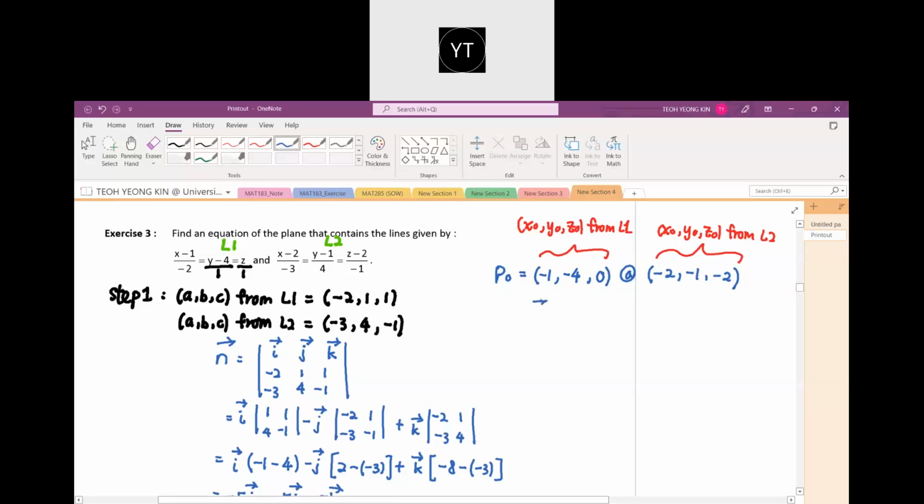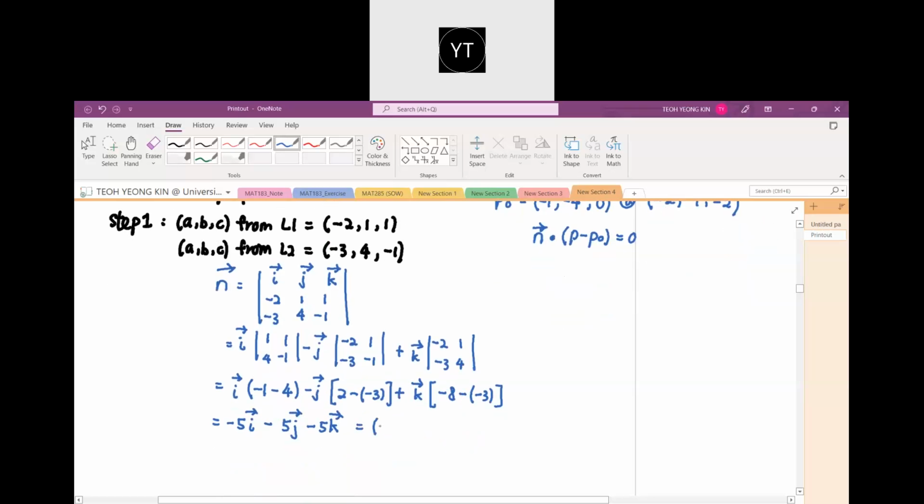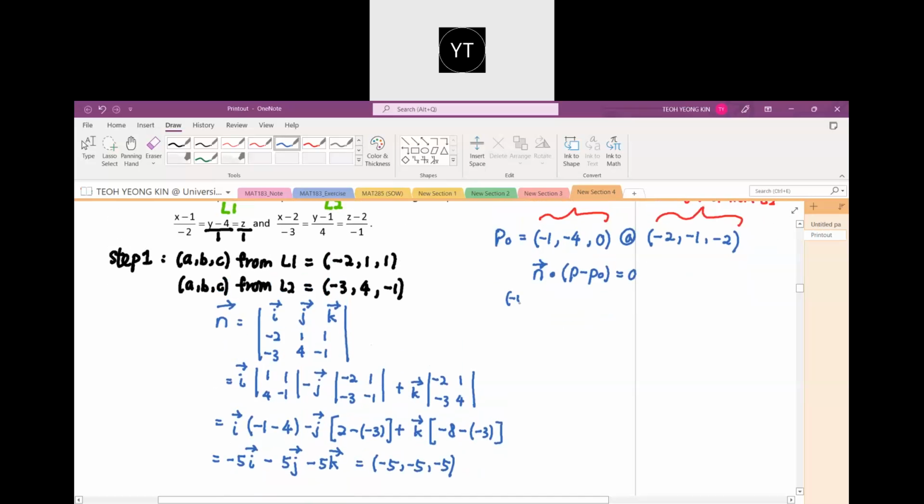The formula will be the dot product of the normal vector with p minus p naught is equal to 0. Where our normal vector, I can change to coordinate form, negative 5, negative 5, and negative 5, dot product with p, x minus x naught.